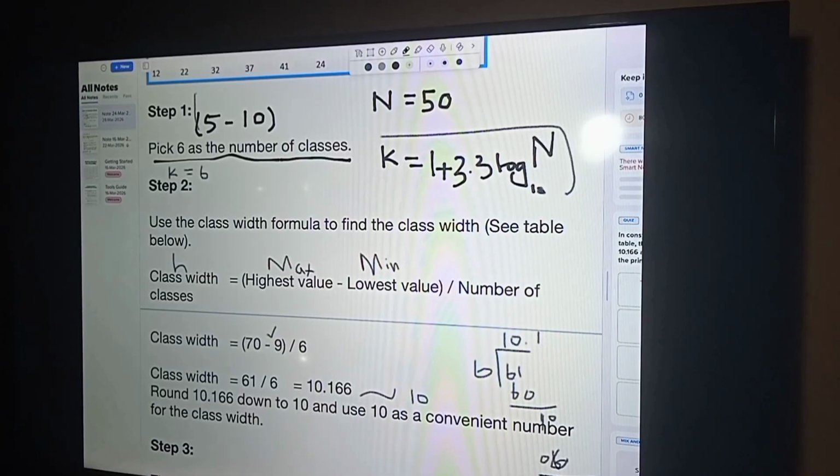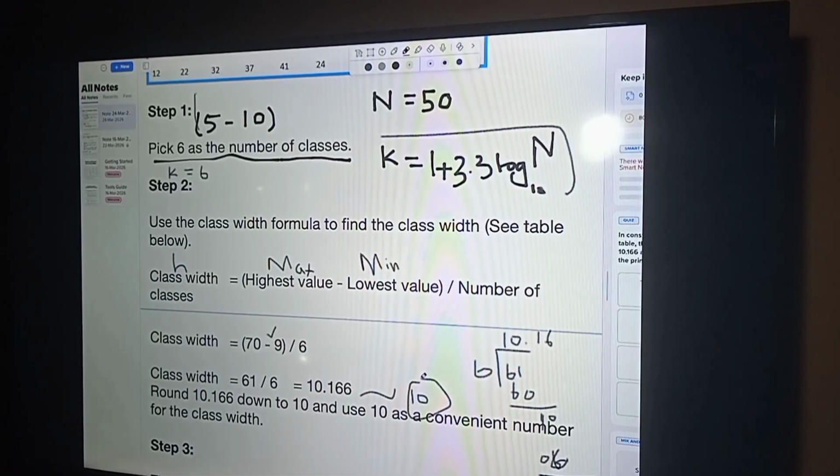Then again you can use 6 times 6 is 36, and so on. So you can approximate this to 10.